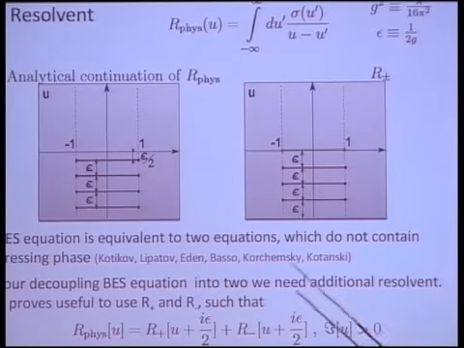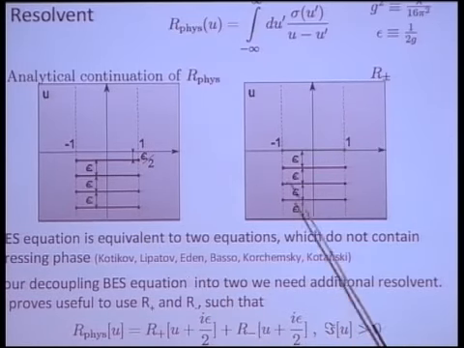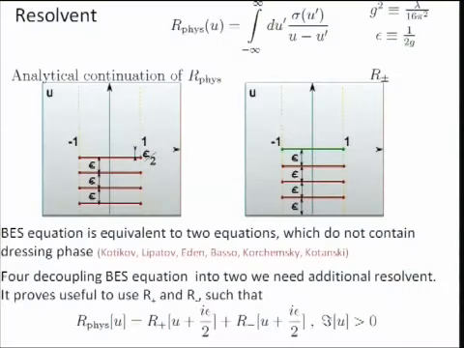It was noticed by different people a few times that the Bethe equation, which contains the dressing phase, after some transformation can be reduced to two equations, but these two equations do not contain a dressing phase.